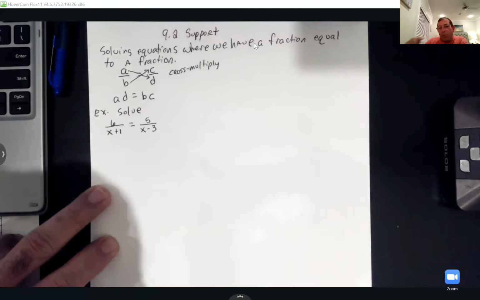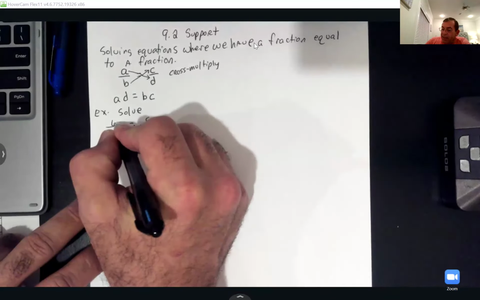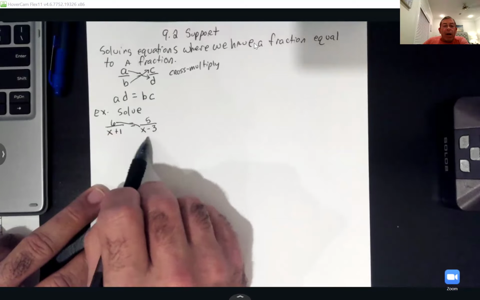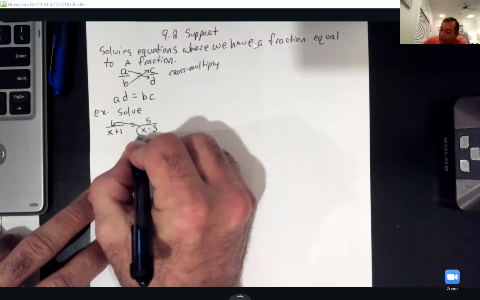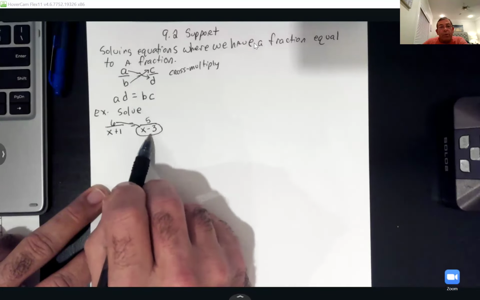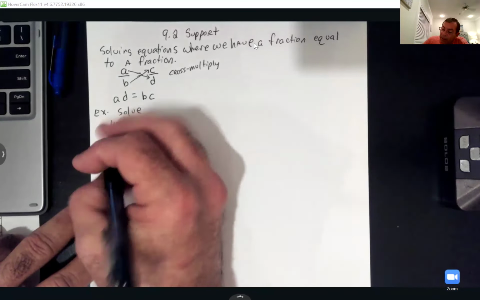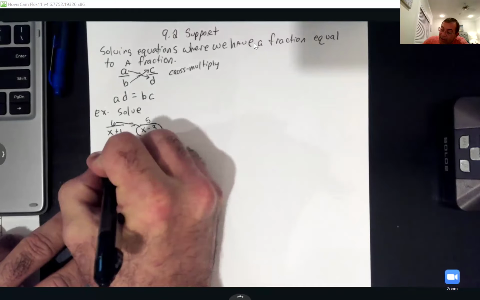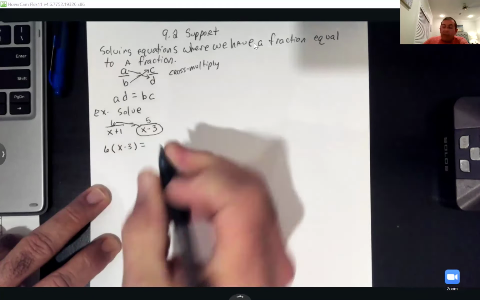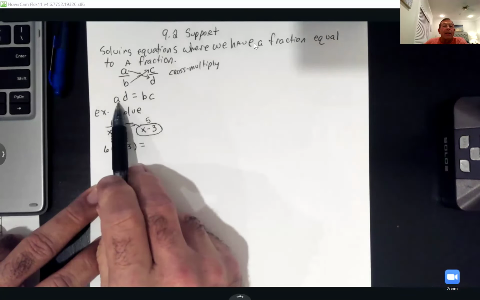Now, here's the thing you got to watch out for. You got a 6 up here. It's going to multiply by this bottom. But y'all, we got to multiply that 6 times both of those parts on that bottom. So this will be like a 6 times x minus 3. So that'll be one side of my equation.